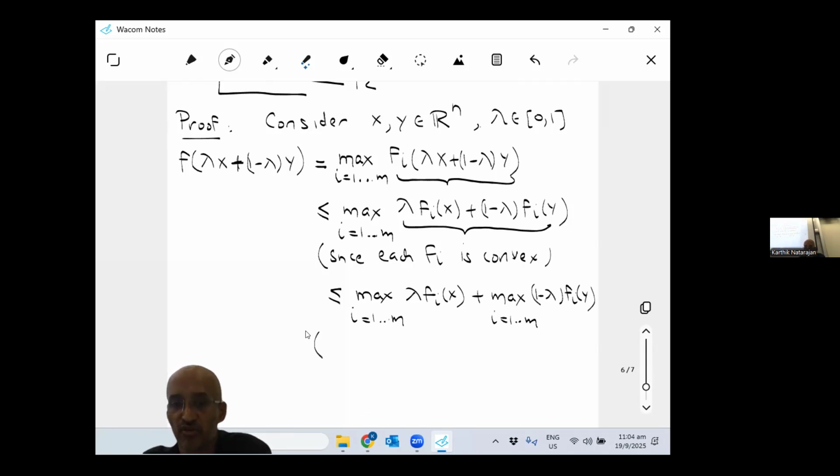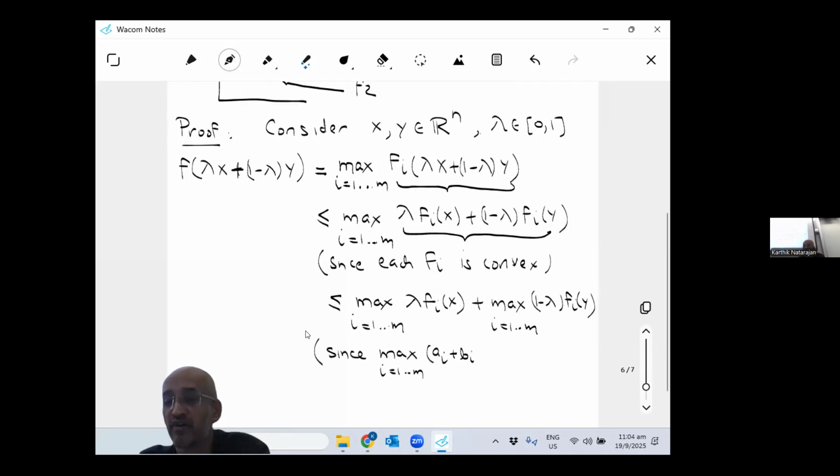Why is this the case? This is because if you think about taking the max, let's say, of a set of numbers ai plus bi, if I find the best ai and the best bi, it has to be an upper bound. This property is called subadditivity.